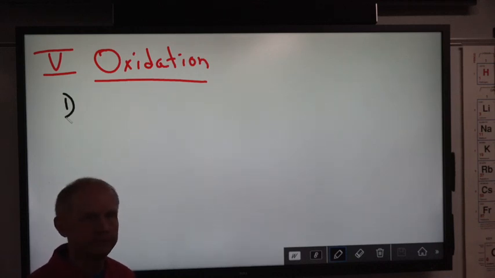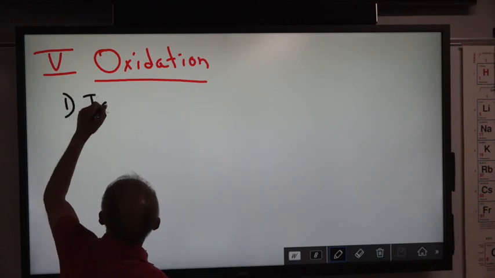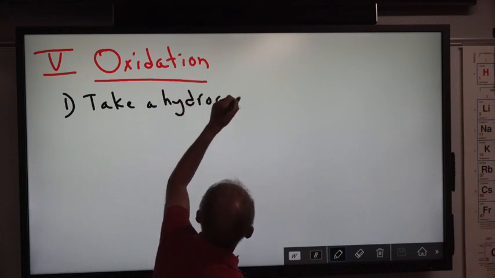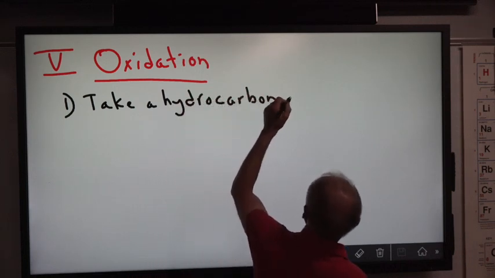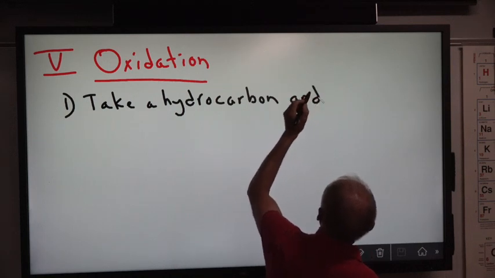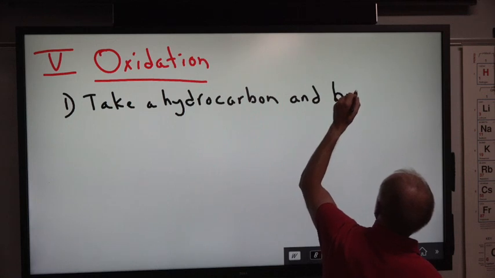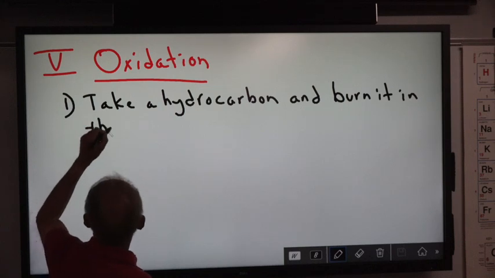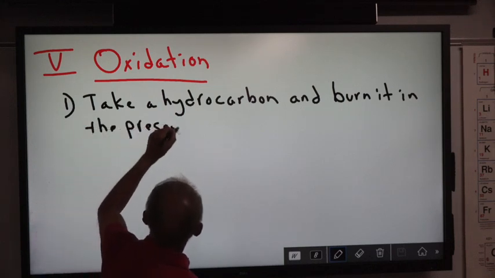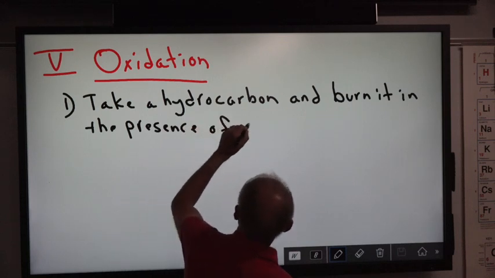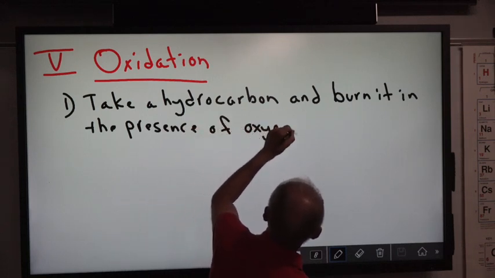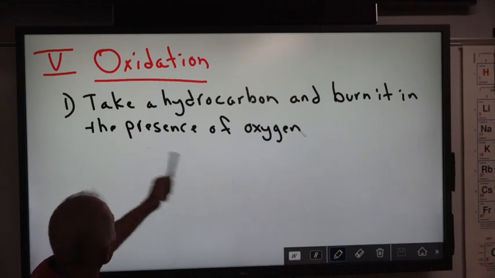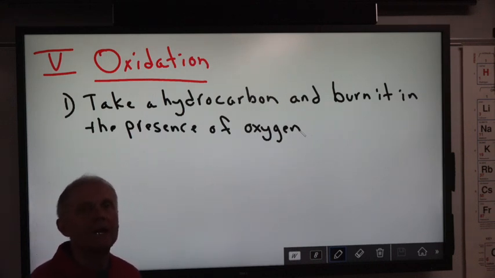So here's what we're going to do. We're going to take a hydrocarbon, alkane, alkene, alkyne, whatever, and then we're going to burn it in the presence of oxygen. You need oxygen to burn, and it's called combustion.